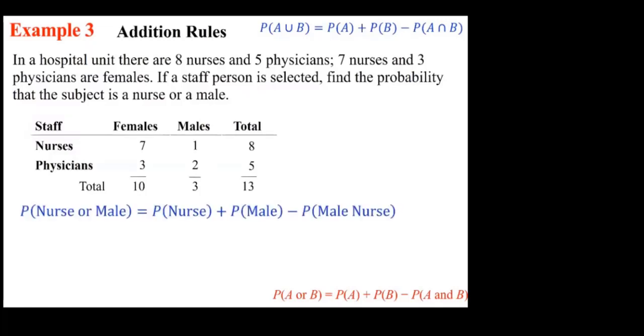So when we look at nurses, we have a total of 8, so 8 out of 13. Males, we have a total of 3 out of 13. Now, how many of those males are nurses, or how many of those nurses are males in common?